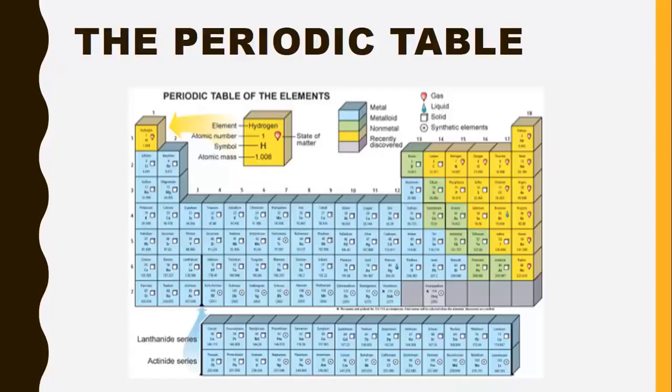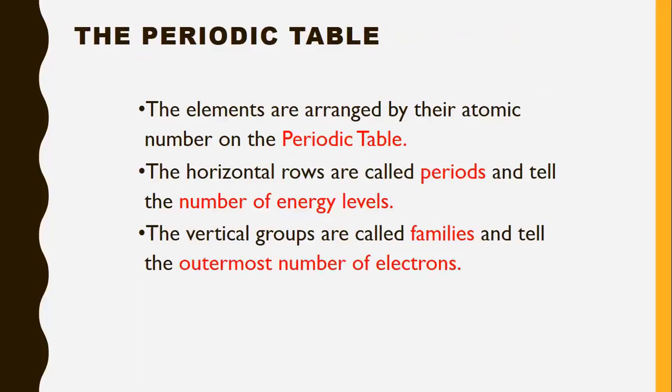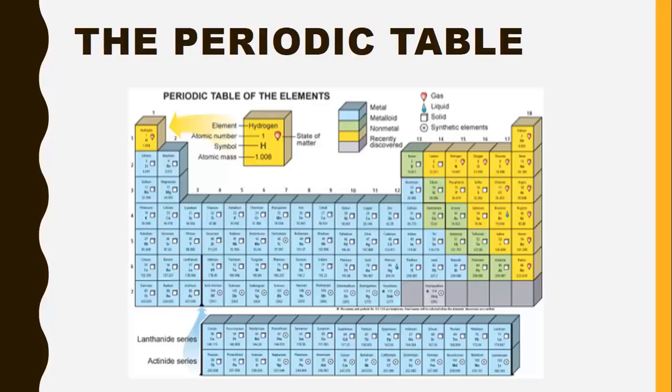So now we're going to go into the periodic table of elements. The way it's arranged is pretty cool. If you go across, those are known as periods, and that tells us the energy level. And then the families, that's the outer shell. So what does that mean?